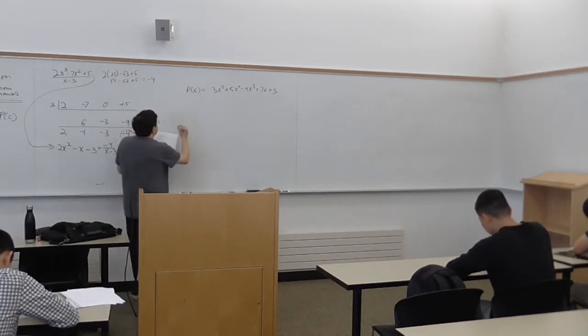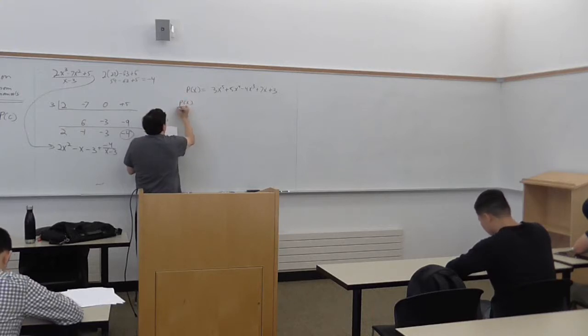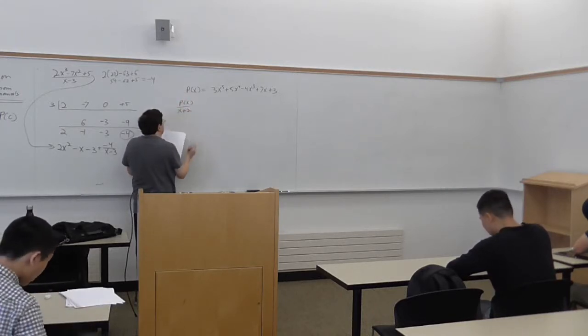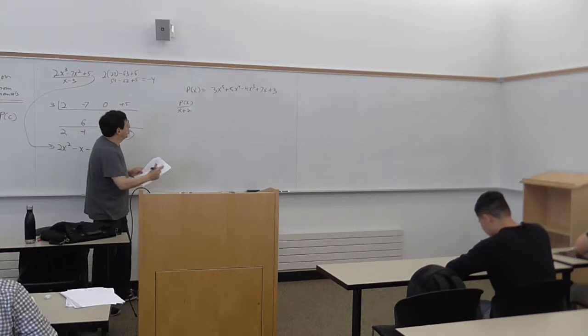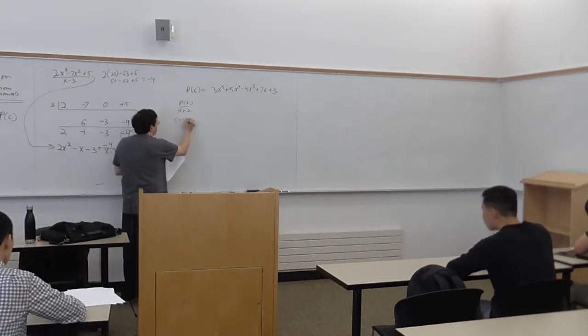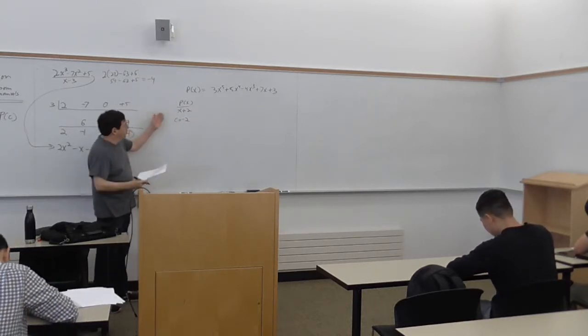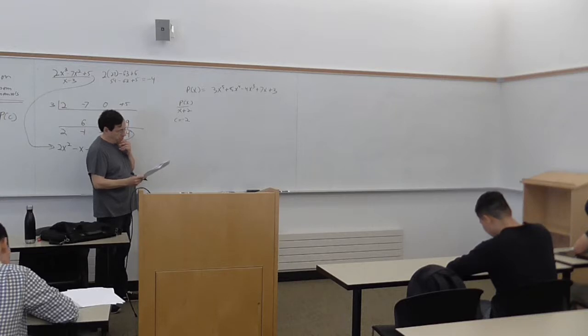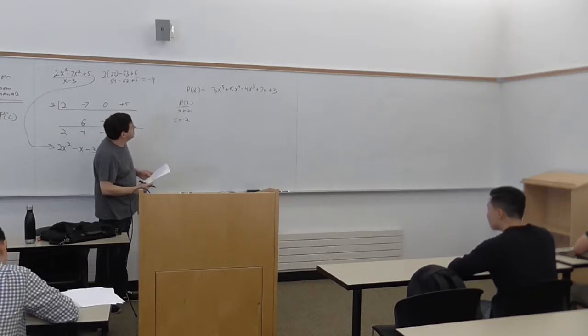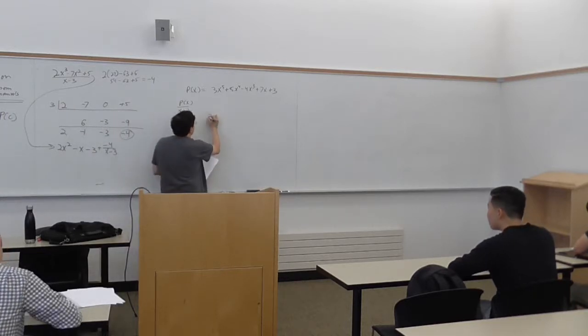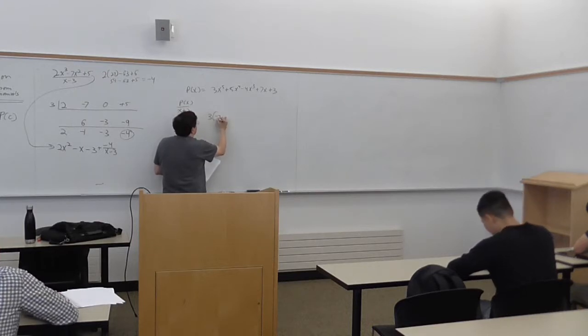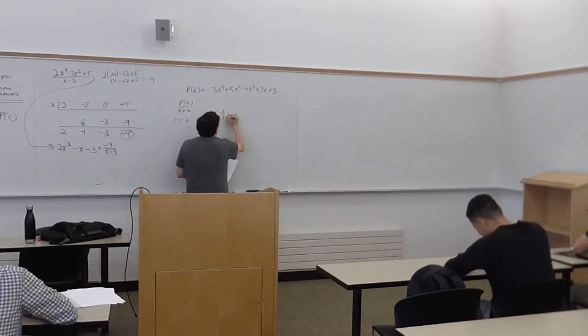And I want to divide p of x by x plus 2, which means my c is minus 2. And I want to know what the remainder is when I do this division. So according to the remainder theorem, I just have to plug it in.